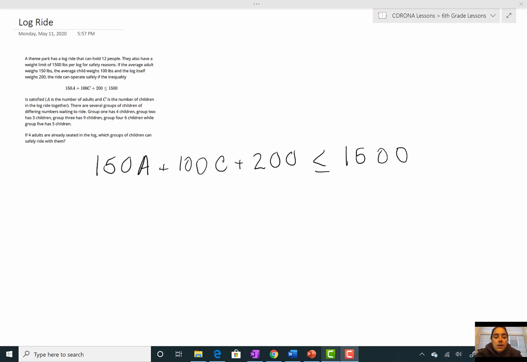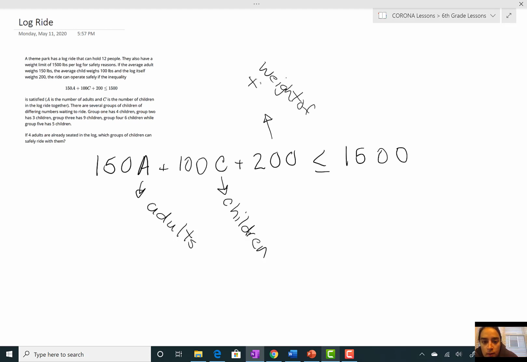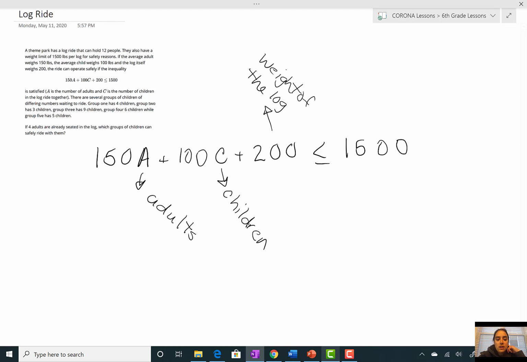Let's try and see how many children can safely ride this ride given this statement of inequality. So we know A is the adults, C are the children, 200 is the weight of the log, and it all has to be less than or equal to 1,500.